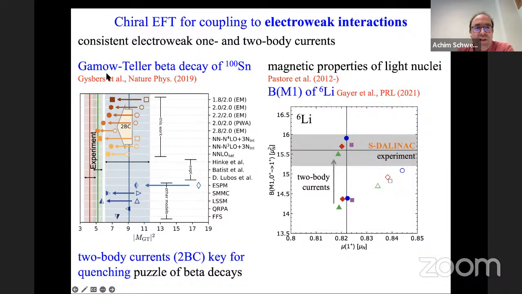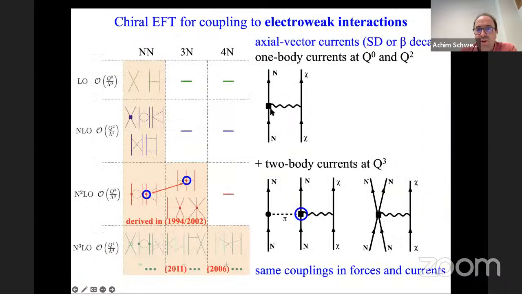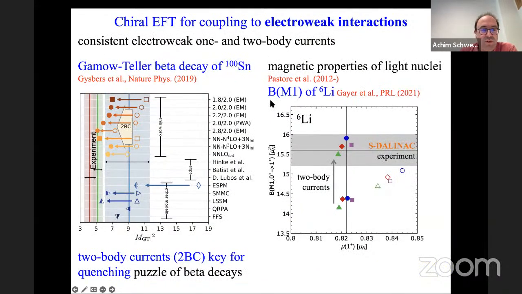This is for a weak interaction: the beta decay of tin-100, an incredibly rare nucleus, which has been measured because it has such a large beta decay. You can see different calculations here. This chart is maybe a little busy, but there are lots of open symbols, which correspond to including just one-body weak interaction currents.